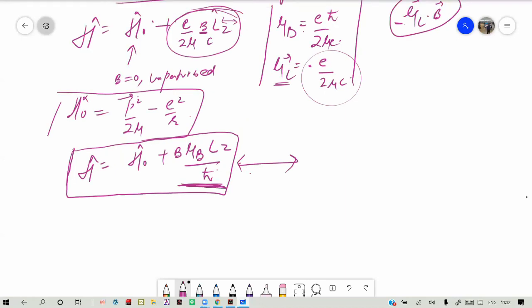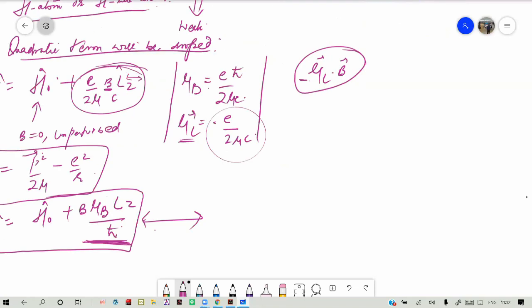Okay, I already told you that. One is that you have an unperturbed Hamiltonian, you know all that. There will be added a term which will represent the interaction between the dipole and the external field.